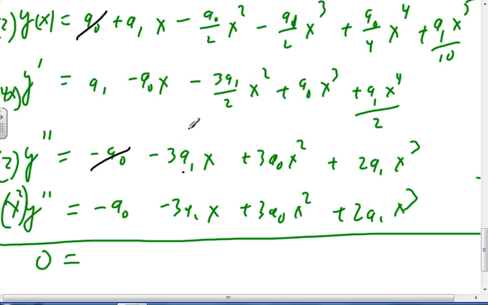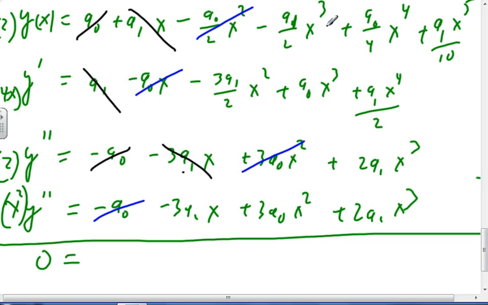I got minus 6 a1x's. Boom, boom, boom. I got a0 x squared. I got 2 of them. I have 6 of them. No, I've got 1 of them. I got 1 a0x squared minus 1 minus 5 minus 6 plus 6. So the x squared term goes away.